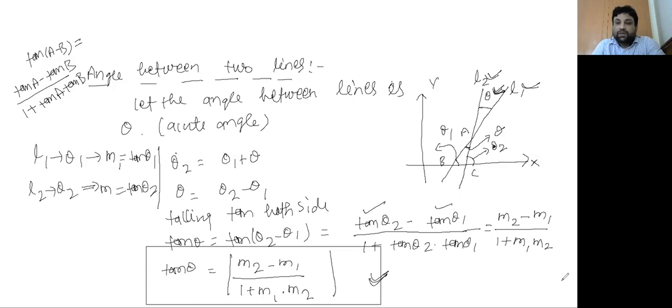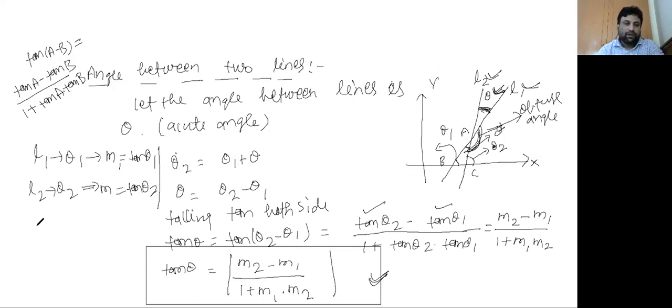One more question: how to find the obtuse angle between two lines? Suppose the angle between two lines is theta. Then this angle will be the obtuse angle between both the lines.